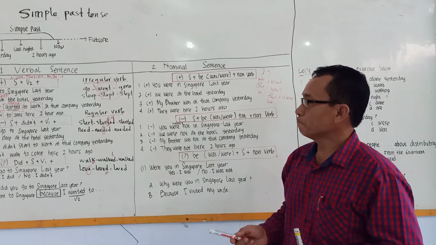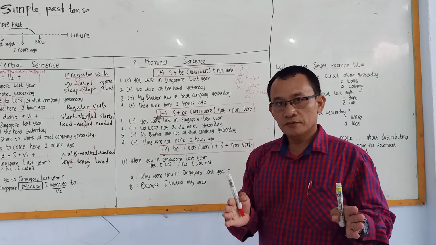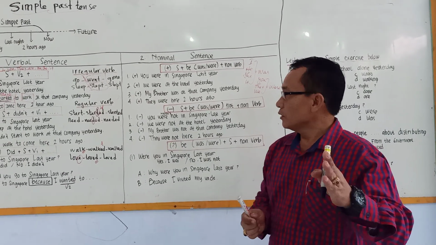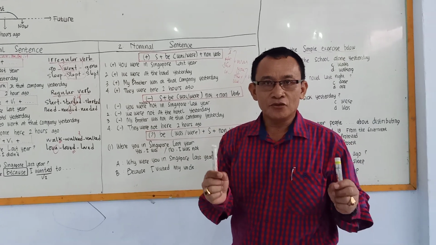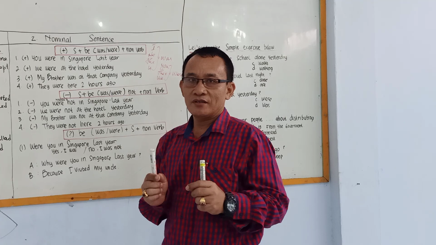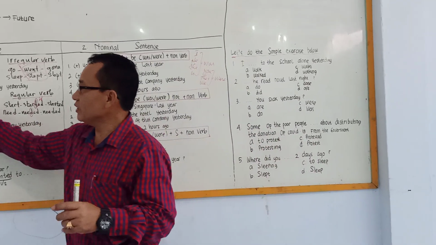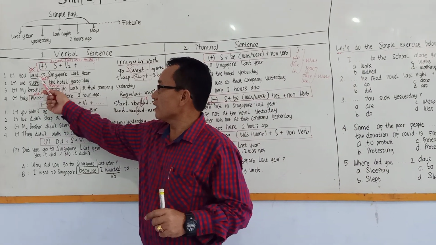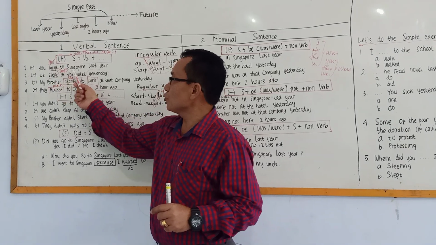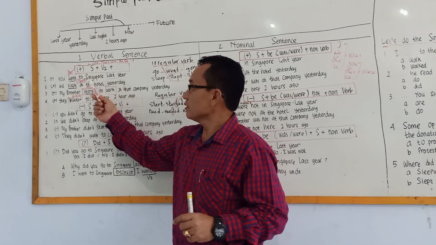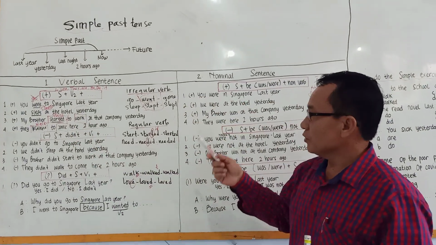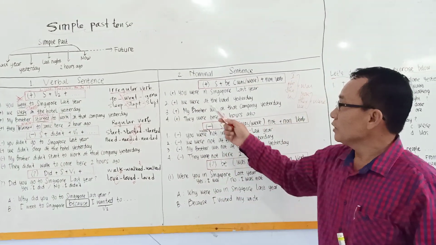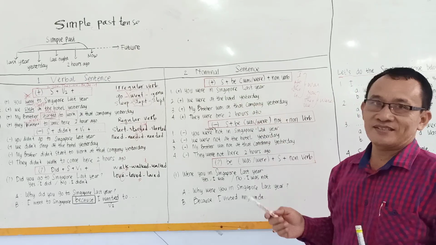Well, now students, let's compare the example of positive sentence for verbal sentence and positive sentence for nominal sentence. Be careful, as I told you just now, a nominal sentence is a sentence which has no verb. Here we take from the verbal sentence. You went to Singapore last year. Because you went to Singapore last year, you were in Singapore last year.